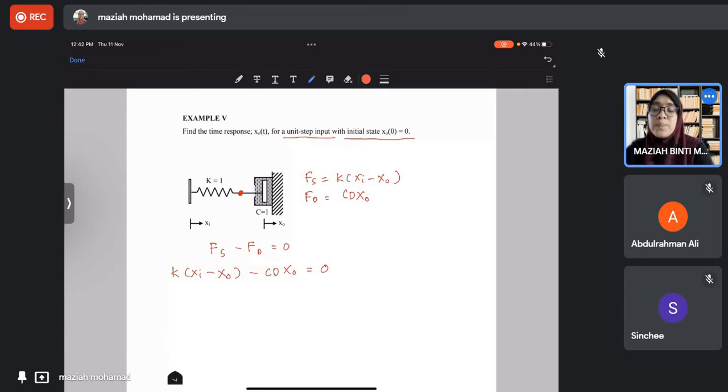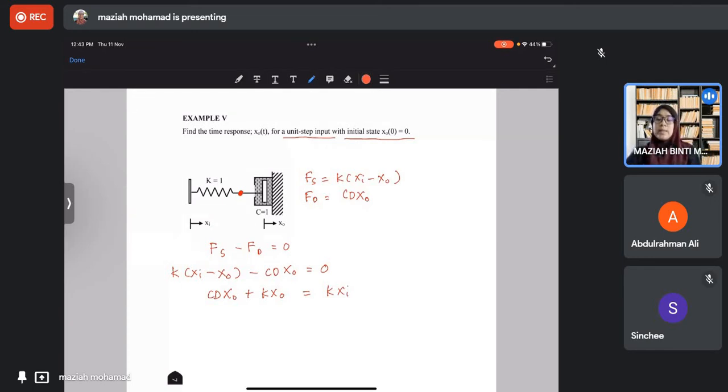Once we get this equation, we separate the input and output, putting the output on one side and the input on the other. So we have C D x naught plus K x naught is equal to K xi.